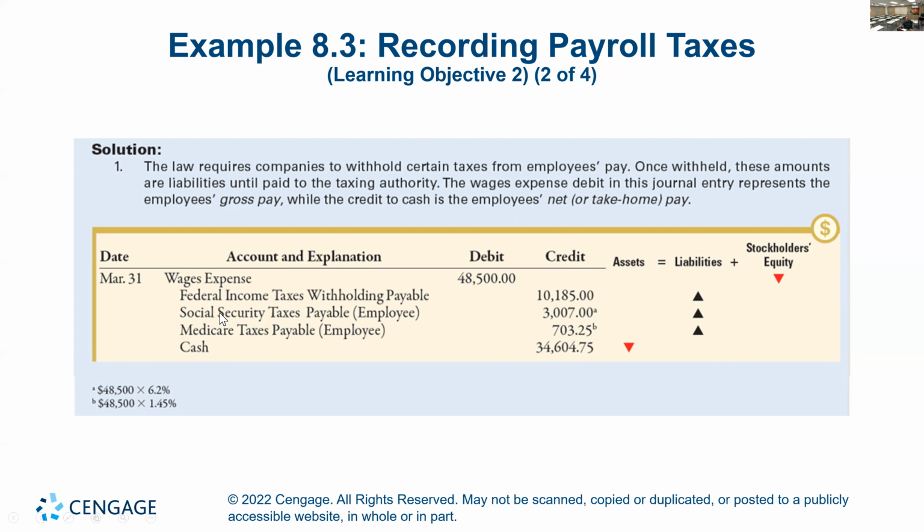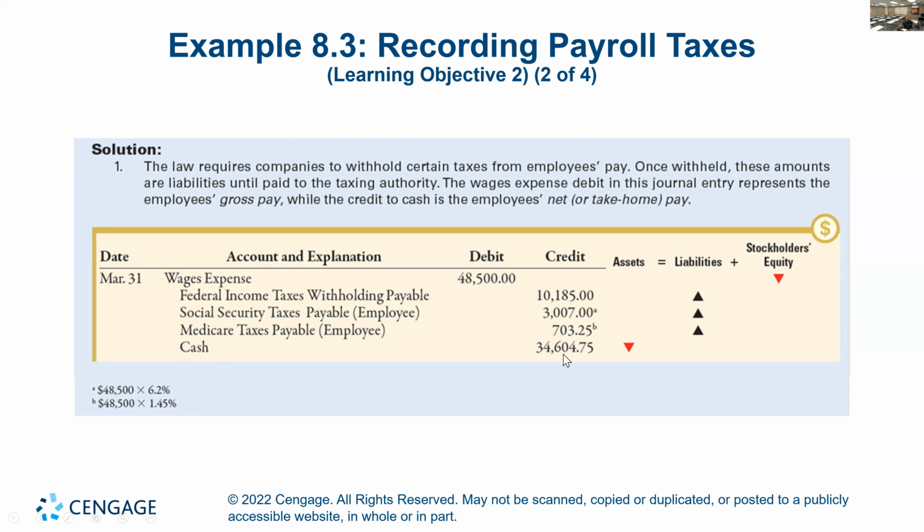So you take your expense multiplied by the 6.2% for Social Security, and the expense multiplied by 1.45% for Medicare. Those become payables out of the employees' checks.